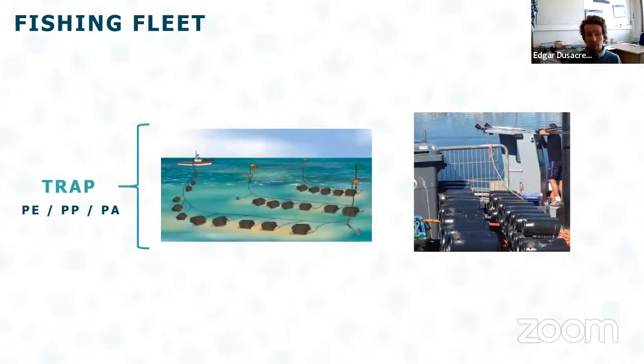The material for traps is polyethylene, polypropylene, and polyamide. At the right, you have a picture of traps for octopuses. It's quite interesting to see that, because the world is consuming quite a lot of octopus, but we don't really know how they are fished. So this is a trap for octopus.